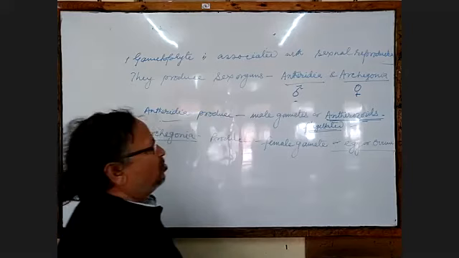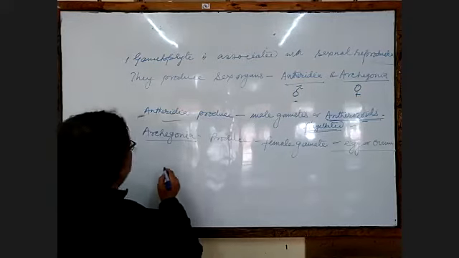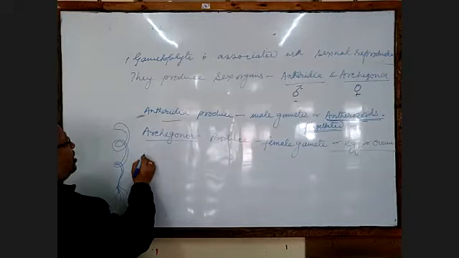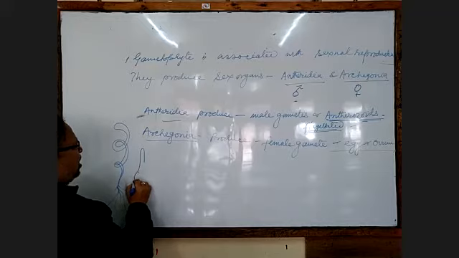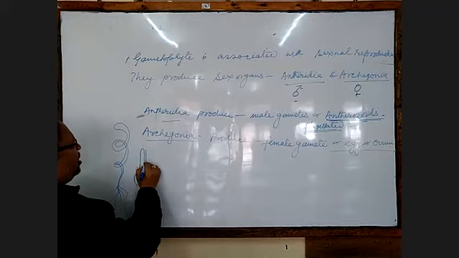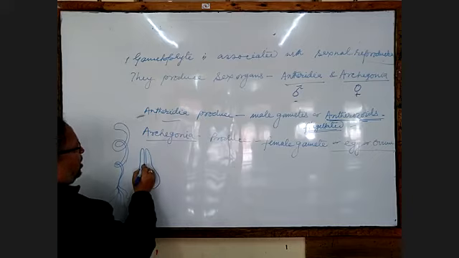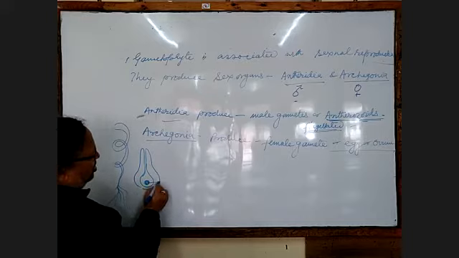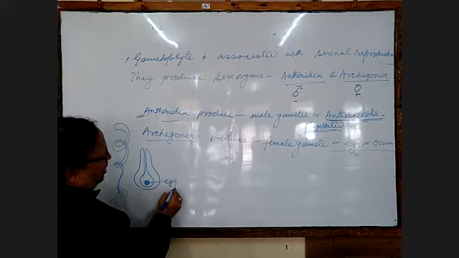What is the shape of the archegonia? The shape of the archegonia is like a flask, as in bryophyte, and within it is the egg.